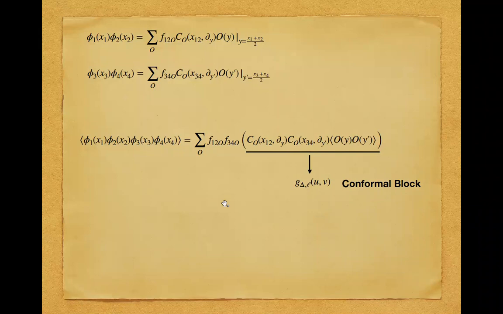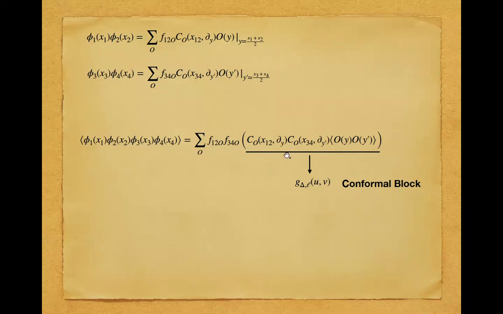So this thing, which repackages this whole product of c times this 2-point function, is called a conformal block. We will see what this conformal block looks like, but we can expand.